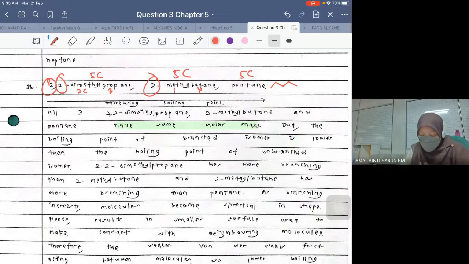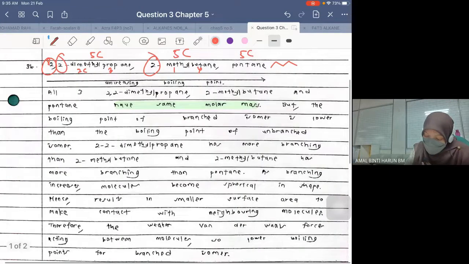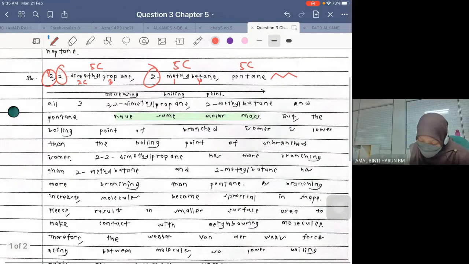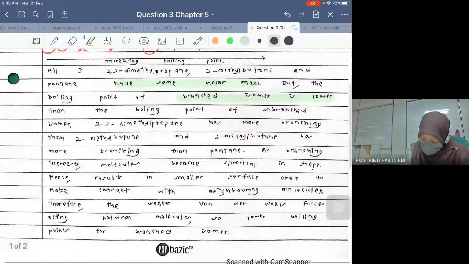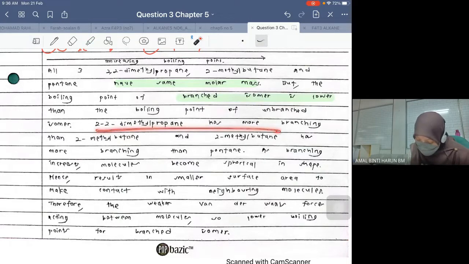Okay. Tengok jawapan Sharon. But the boiling point of the branch isomer is lower than the boiling point of unbranched. Sebab apa? 2,2-dimethyl propane has more branching. Okay, so what happened to the branching? Masih tak menjawab? Jawab. Mana jawapan? More branching than pentane. Yes.